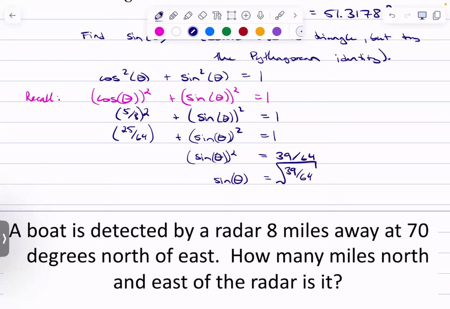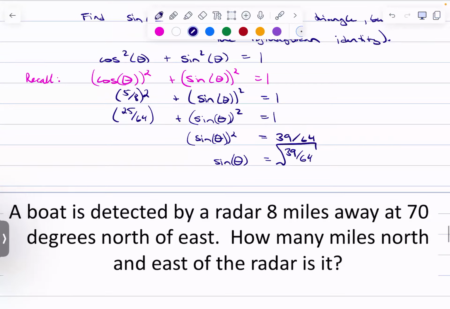Just saw that on my calculator. I get the sine of theta is the root of 39 over 8. Now, of course, if your calculator isn't giving you the exact answers, that's totally fine, right?